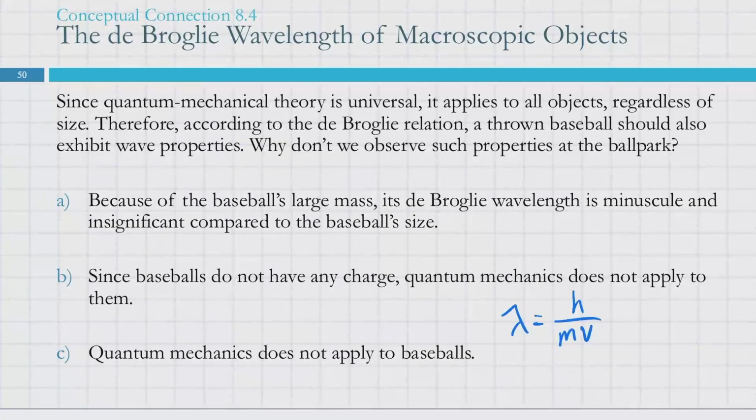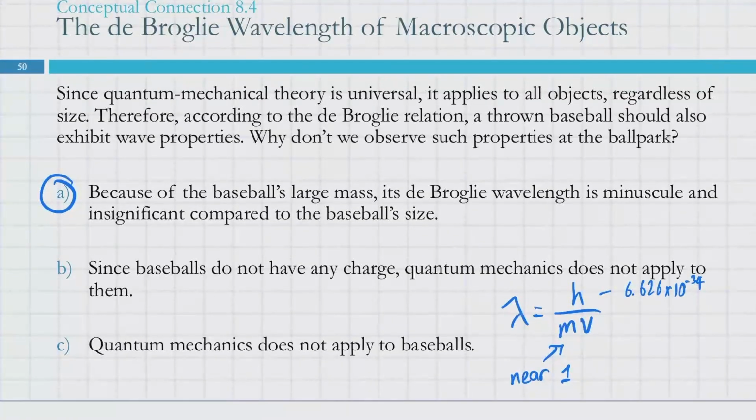So it is A. The baseball's mass is large. And so its de Broglie wavelength is minuscule and insignificant compared to the baseball's size. The mass is not going to be really that close to 1, but it's going to be a lot closer to 1 than some of our other stuff.